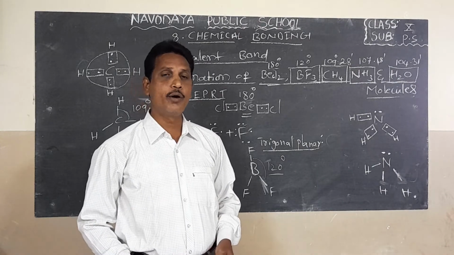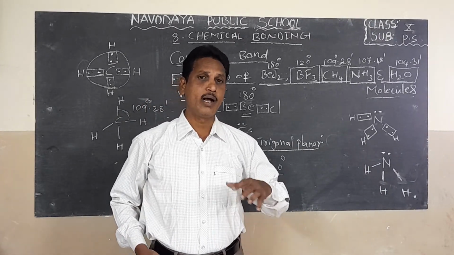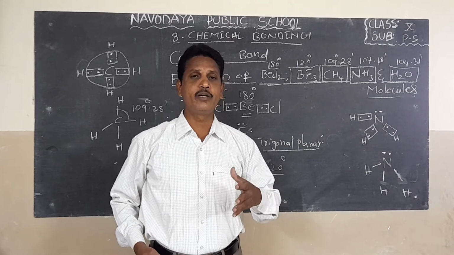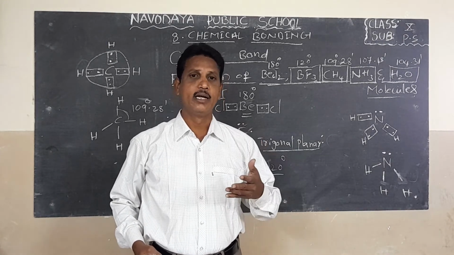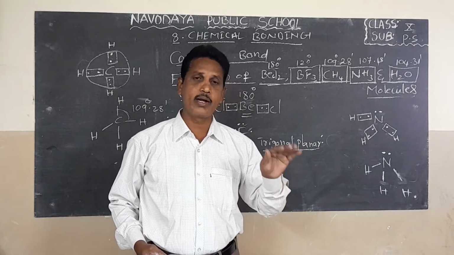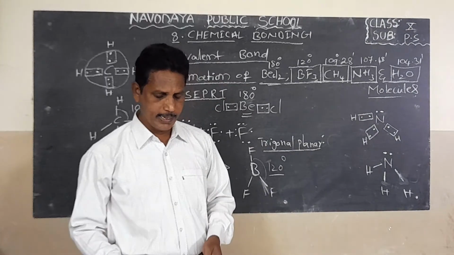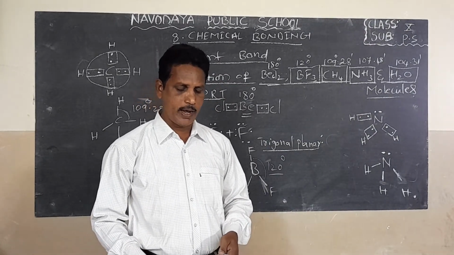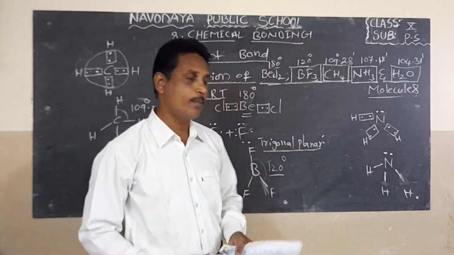Already we know that when the repulsion between lone pair and bond pair increases, the bond angle decreases from 109 degrees to 107 degrees 48 minutes. The shape of the NH3 molecule is trigonal pyramidal.